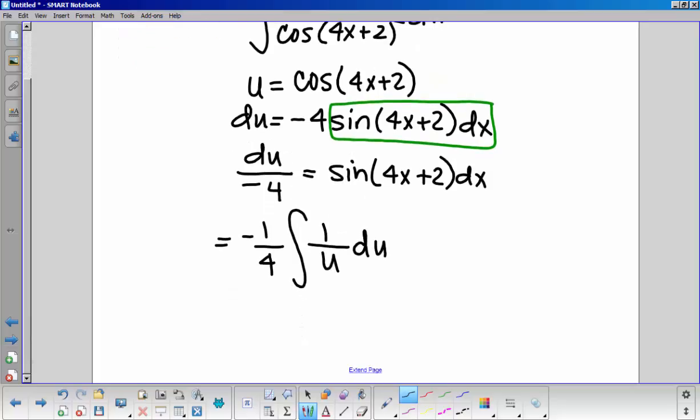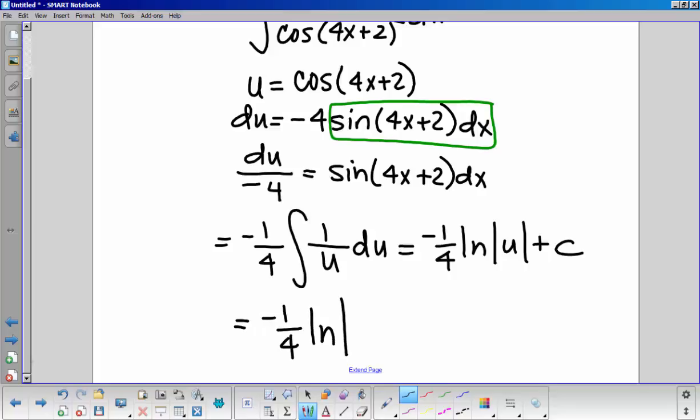But what is the antiderivative of 1 over u? ln of absolute value. That's right. Negative 1/4 the natural log of the absolute value of u plus c. And we know that u is cosine 4x plus 2. So this equals negative 1/4 the natural log of the absolute value of cosine of 4x plus 2 plus c.